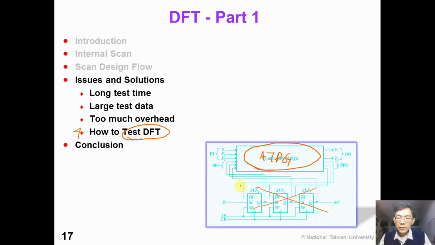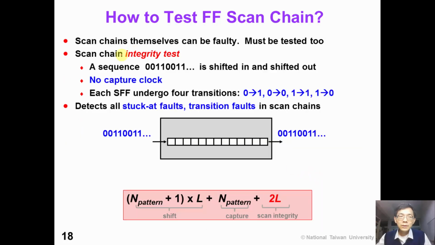So we assumed that the scan chain is fault free. But this is not true. Actually, scan chains themselves can be faulty, so they must be tested too. So how can we test scan chains?